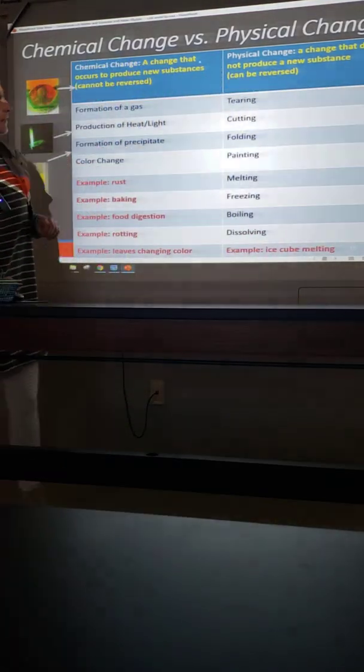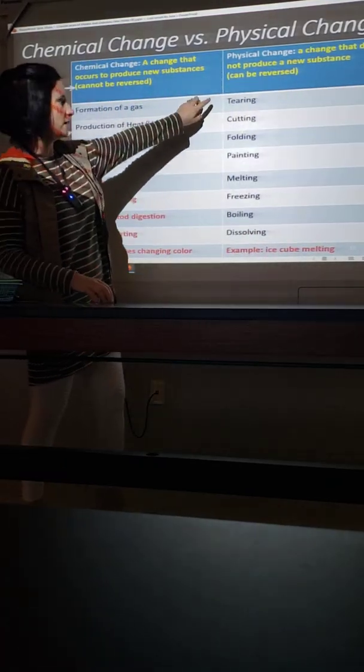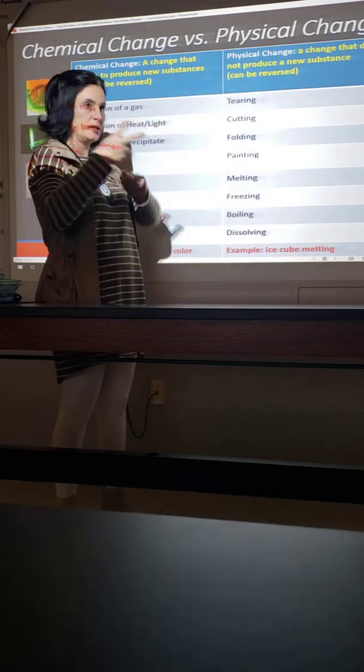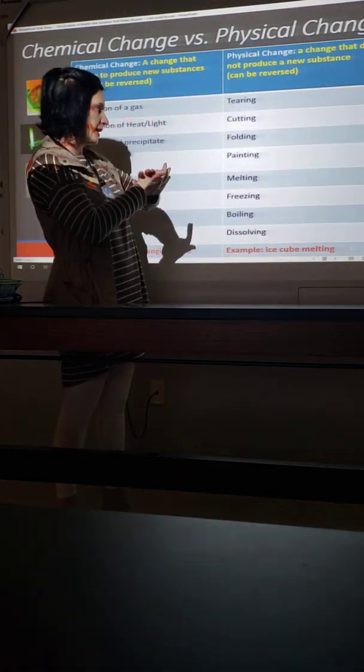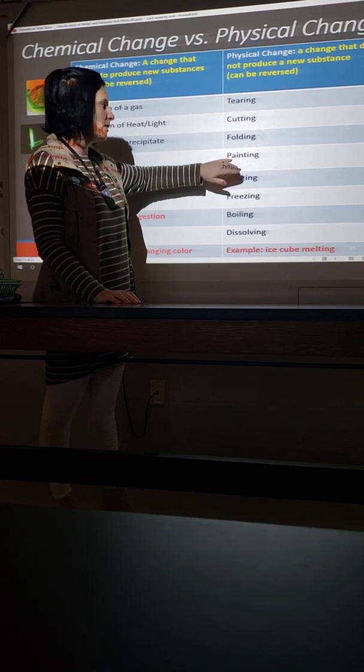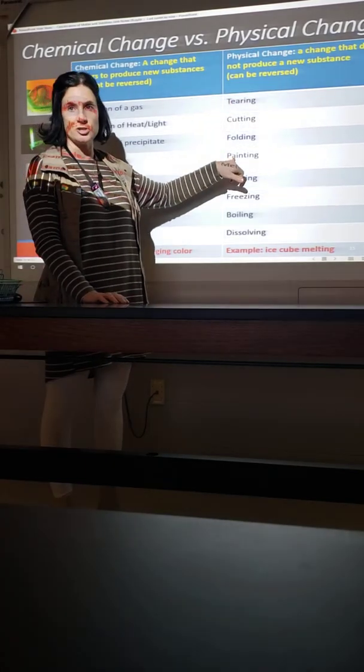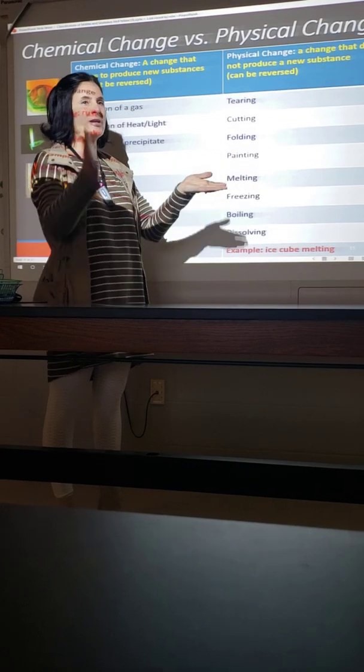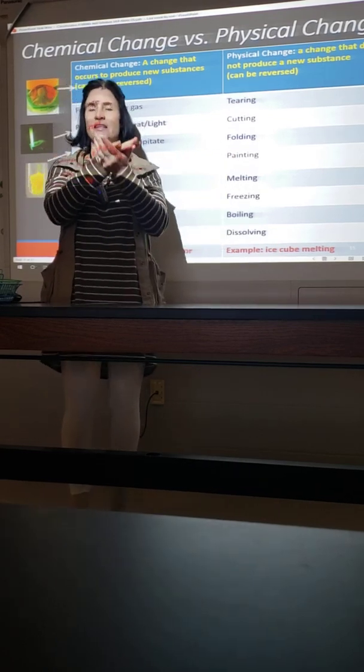Okay. And then if we go over here to our physical change, tearing, right? Cutting, folding, all of those are dealing with changing size or shape. Painting them. So again, there's a color change, right? But this is just putting a color over top of the existing item.